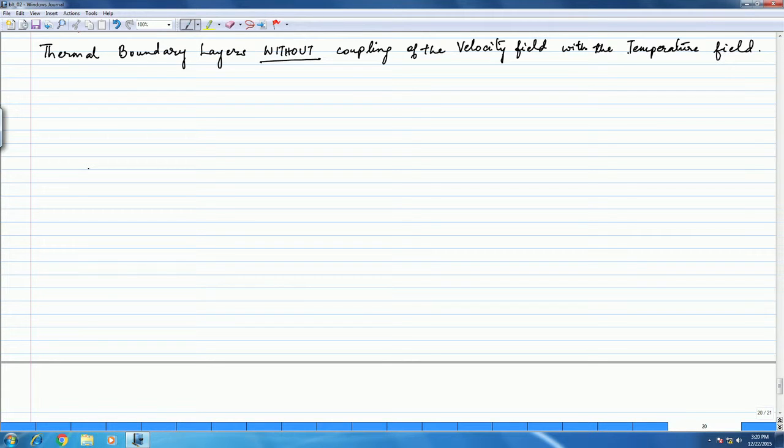A couple of things. We will extend the study of boundary layers in terms of velocity to also include temperature, okay. And how do we do that?